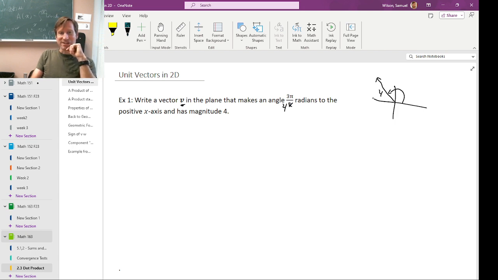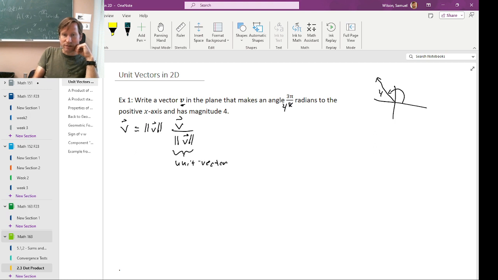what are the coordinates of this vector, right? So the idea is, we have seen that we can separate a vector into its magnitude and its direction. And for its direction, we're using the unit vector that points in the direction of the vector. So this here is a unit vector, right?